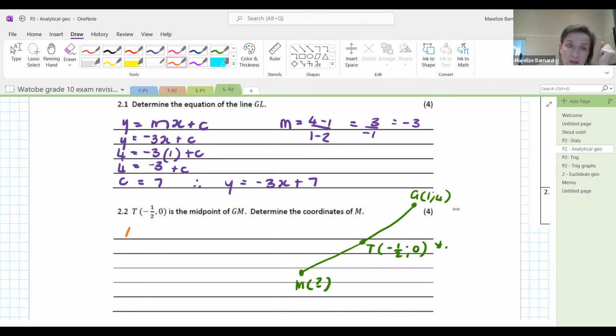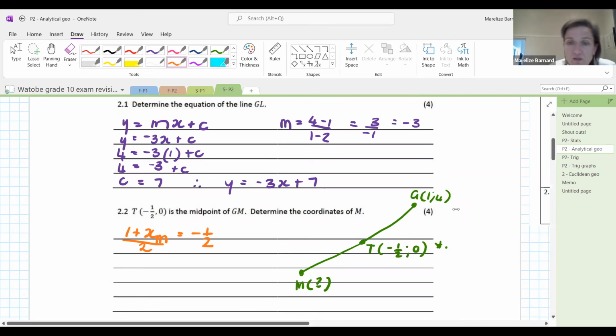So I can make an equation. And then I can do the same for the y's: 4 plus the y coordinate at M, divided by 2, is going to give me 0.